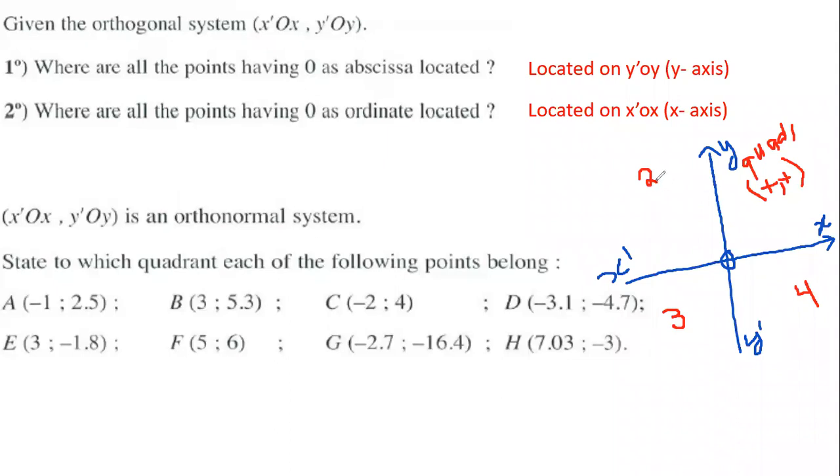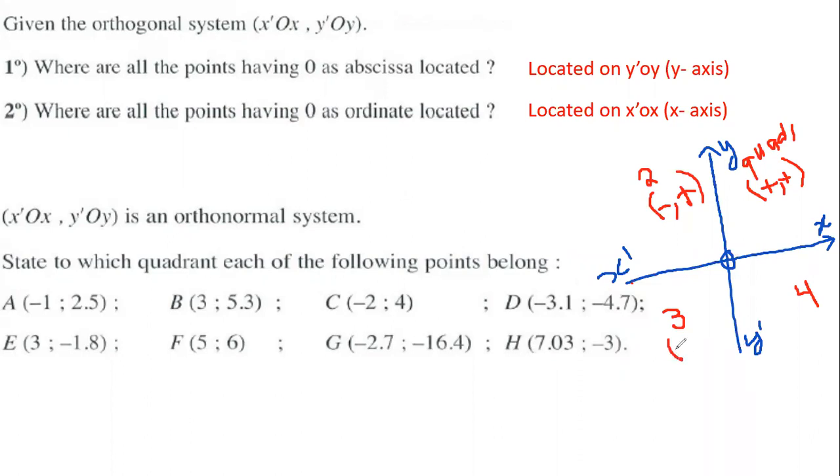Any point belonging to quadrant 2: the abscissa will be negative, the ordinate will be positive. In quadrant 3, the abscissa is negative and the ordinate is negative.